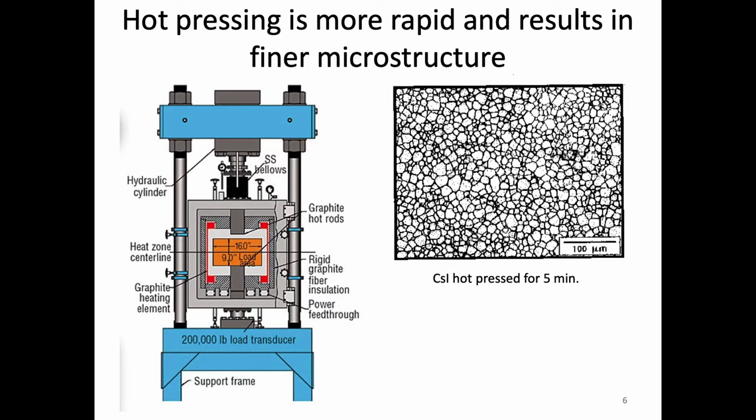The reason we have all this other stuff is that we have encapsulated this hydraulic press with a furnace. So we add a furnace to a hydraulic press and we get hot pressing. The advantages of it, again, like liquid phase sintering, are that it's more rapid and it can result in a relatively fine microstructure. So the particles don't grow as much as they do in other mechanisms.